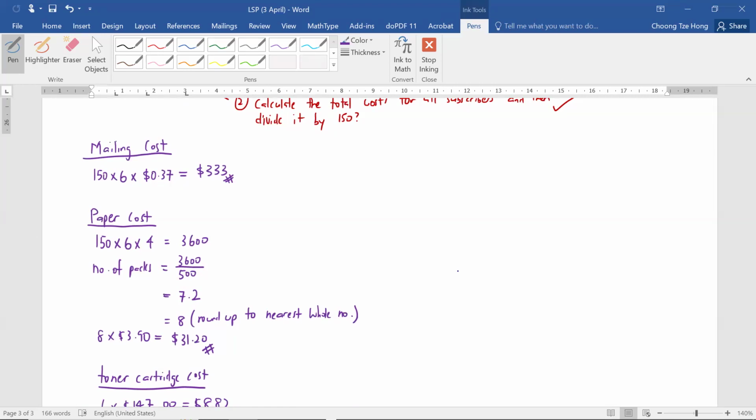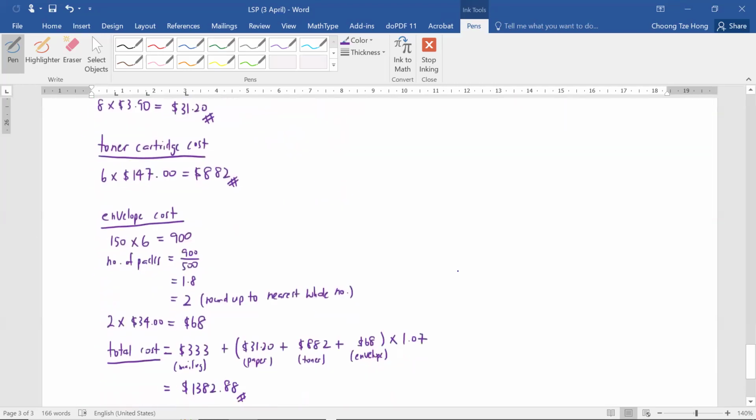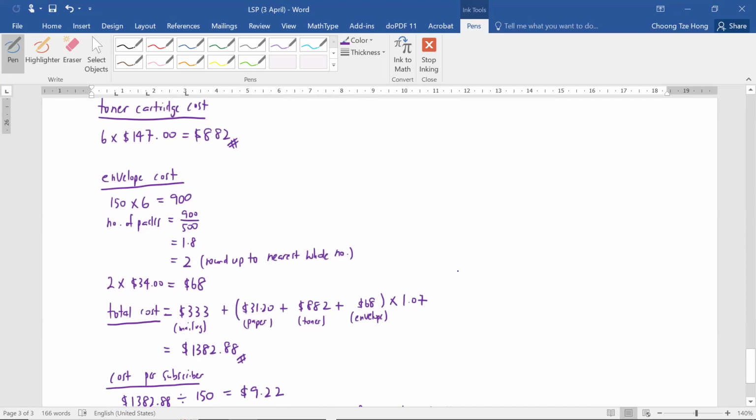Later on, when you want to calculate the total cost, you know which value is for what amount. For each one, you can also put a tick like this to indicate that's the answer for that particular heading. That will allow you to present your working very clearly, and the examiner can then award you the marks accordingly.